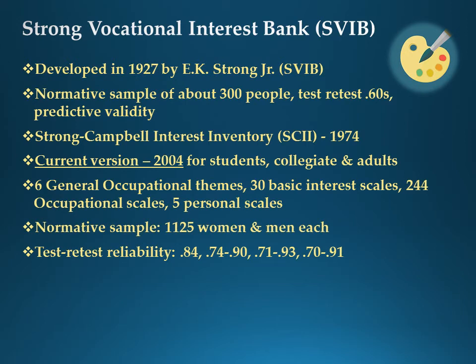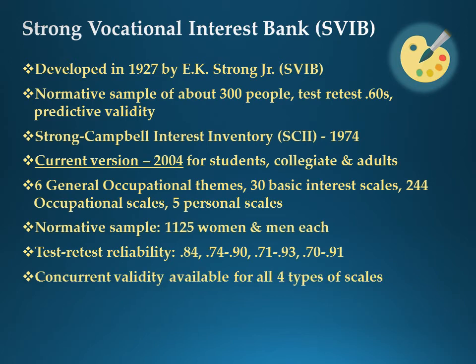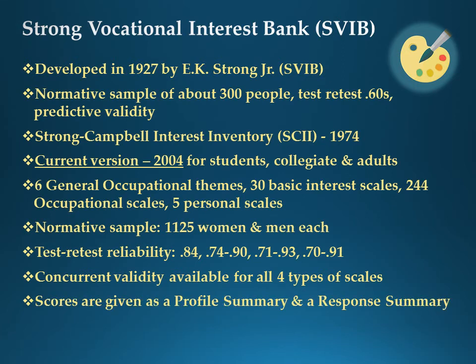So if you see, the range is typically 70s to 90s, which is good enough reliability for all the sections under the SVIB. Concurrent validity was available for all 4 types of scales, and the scores are given as a profile summary and a response summary. So I'm just going to tell you what that is about.